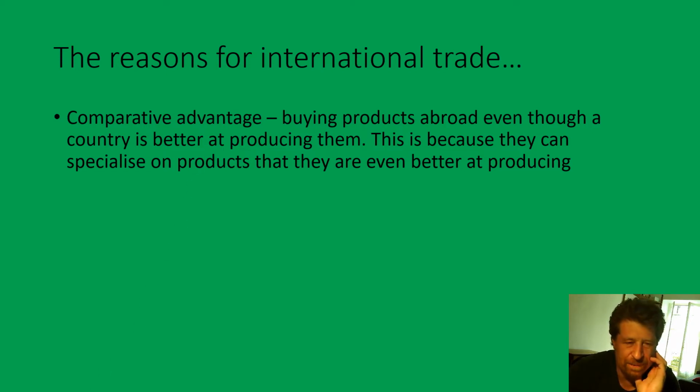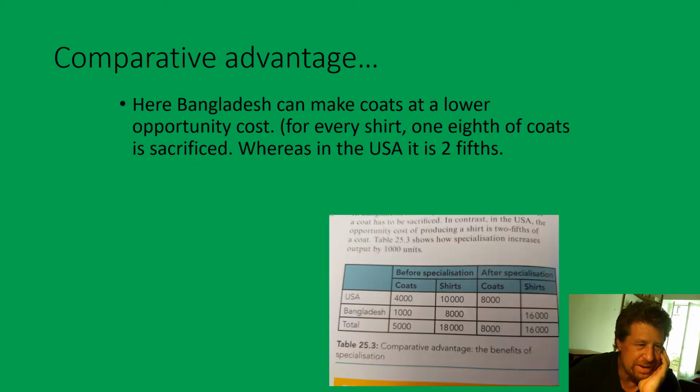We can imagine, you know, maybe America could produce clothes better than Bangladesh, but it's better that America focuses on producing airplanes and Bangladesh specializes in clothing, for example.